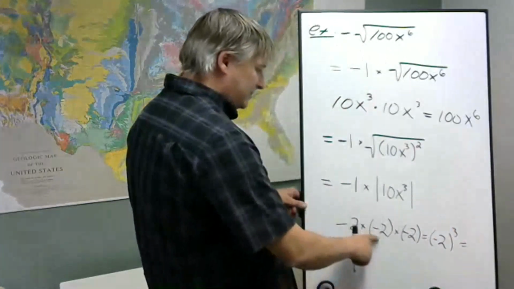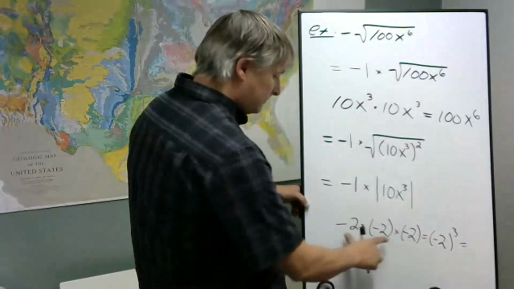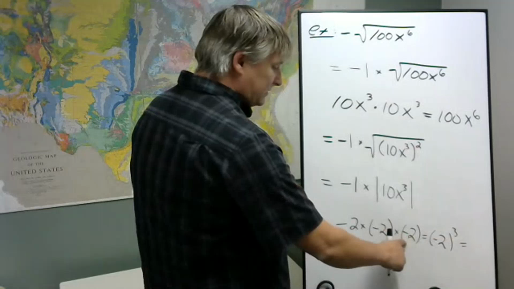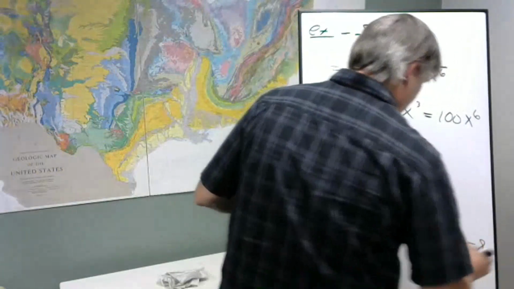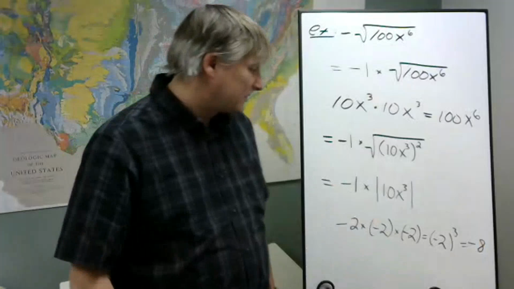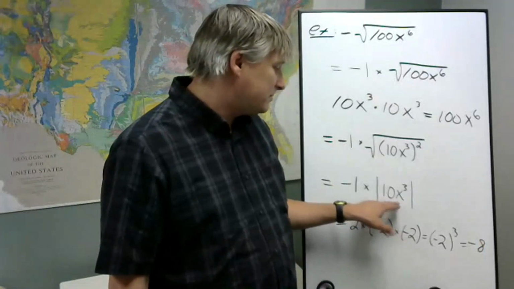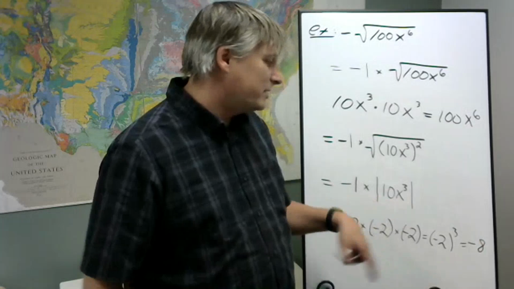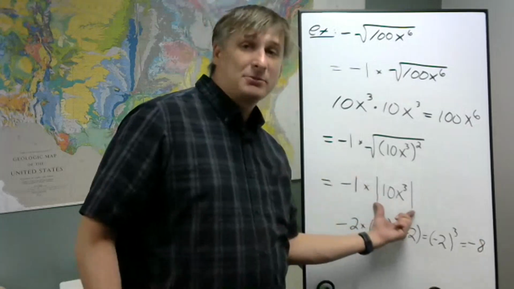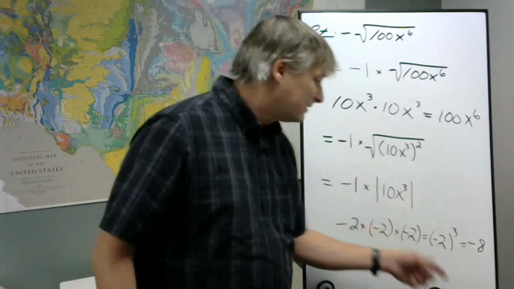So -2 times -2 is +4. +4 times -2 is -8. So here's the point. If we choose x to be negative, we can get a negative on the inside here that we need to use absolute values to make positive.